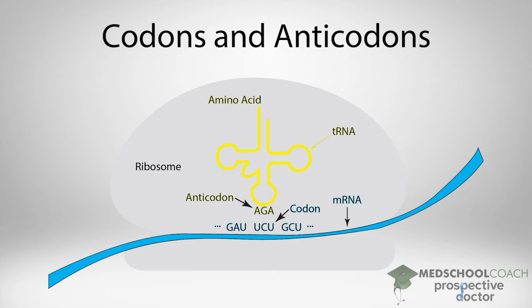So essentially, depending on what the codon is, that will recruit the appropriate tRNA with the complementary anticodon. Each tRNA is going to carry with it an amino acid. So that will essentially determine which amino acids get added to the protein, or if you have the codons that signal for the end of translation, then you will terminate translation instead.